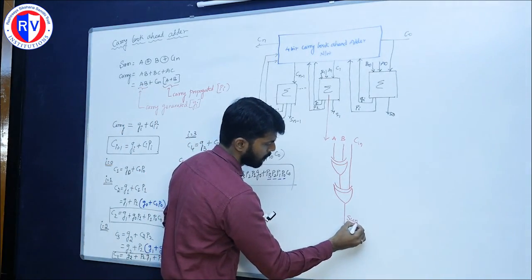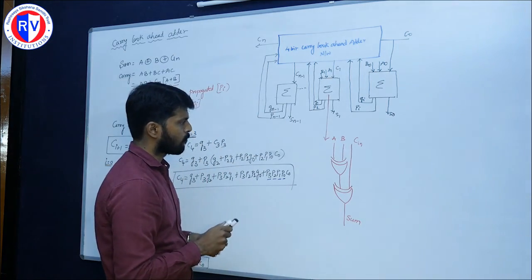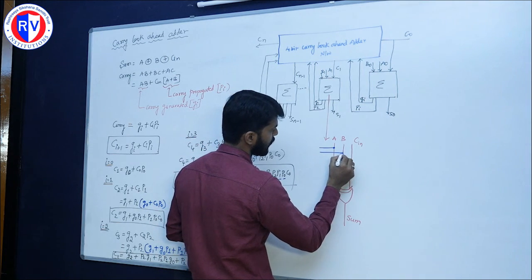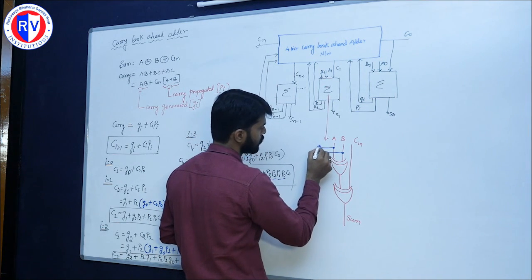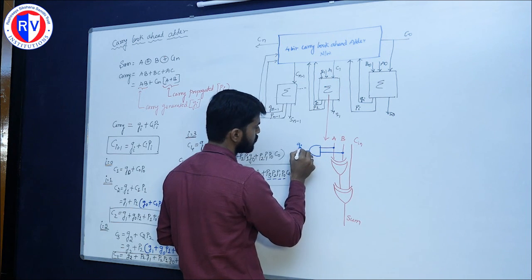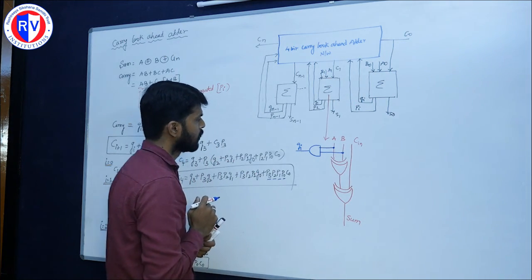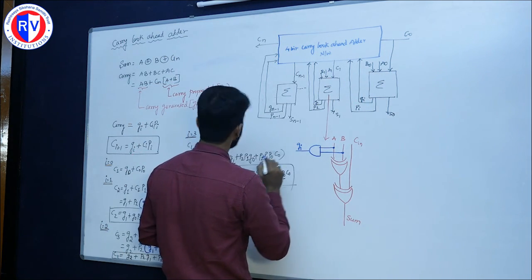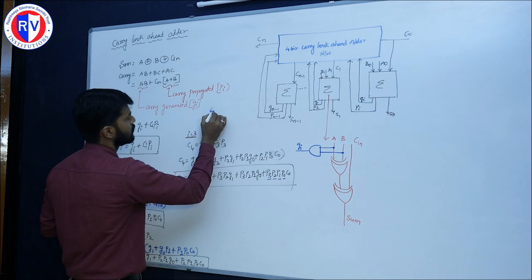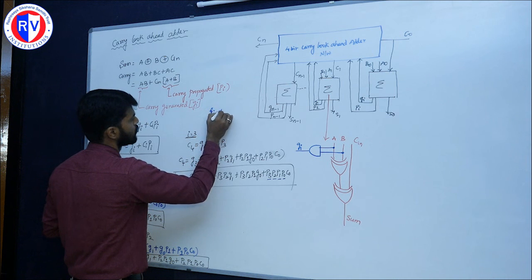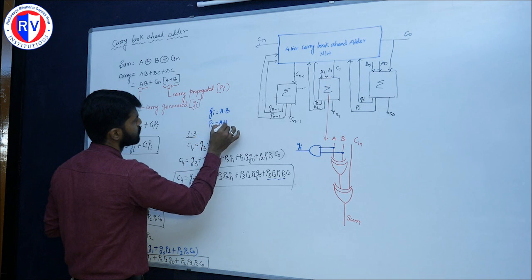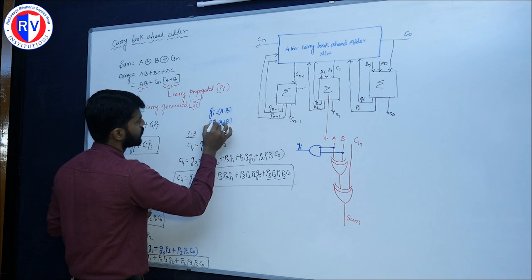Here I am getting the sum. And as I said, we have modified the carry. The carry means what? One is the carry generated, another one is the carry propagated. So this is called Gi, the output which we are getting. Gi is nothing but A into B. Gi is A into B, and Pi is equal to A plus B. That we should remember.